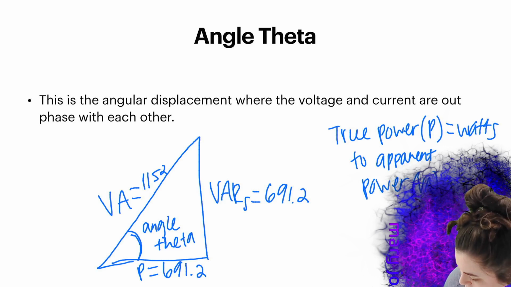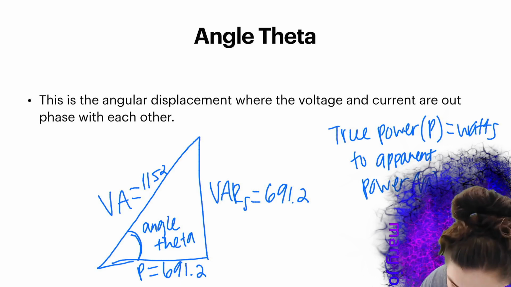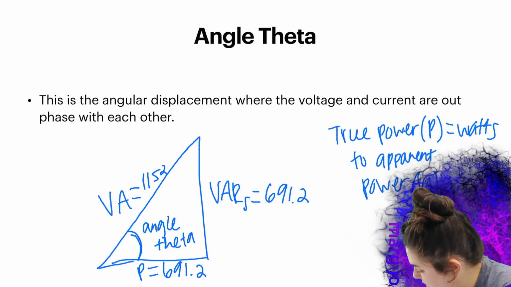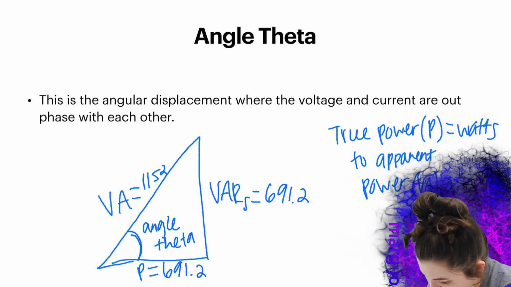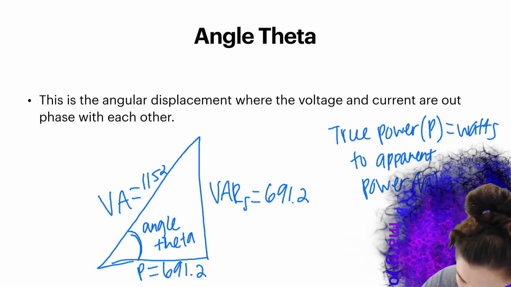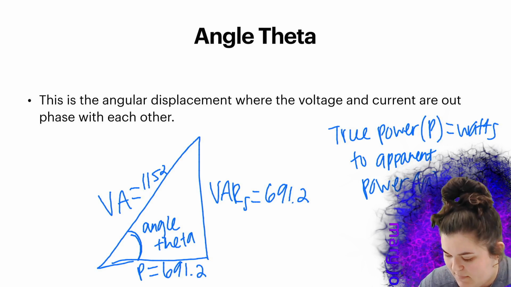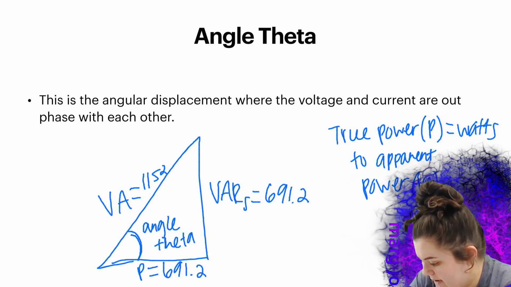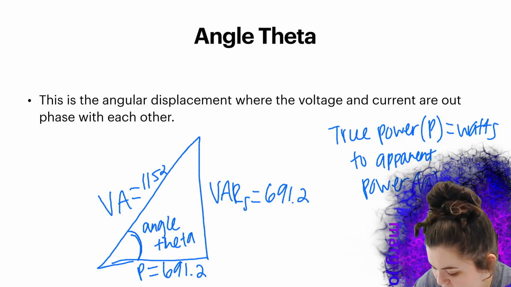And there's multiple ways you can determine angle theta. Once again, there's a bunch of formulas you can use. But if you wanted to calculate this one, it is going to be the cosine of watts divided by volt amperes. So watts divided by volt amperes is also the power factor. Therefore, the cosine of angle theta is the power factor.